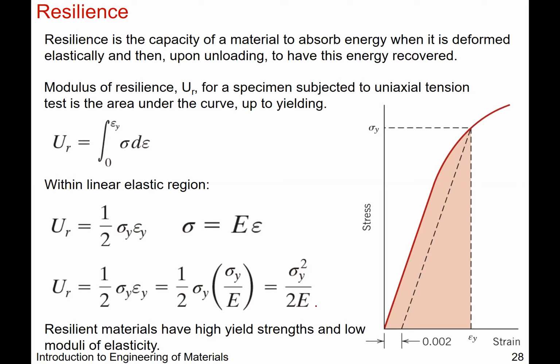It looks like a triangle, and that's exactly how you would compute it: one half base times height for the area under the curve. That's the energy absorbed by the material, and it works out to be the square of the yield strength divided by 2 times the Young's modulus. So that's pretty simple.